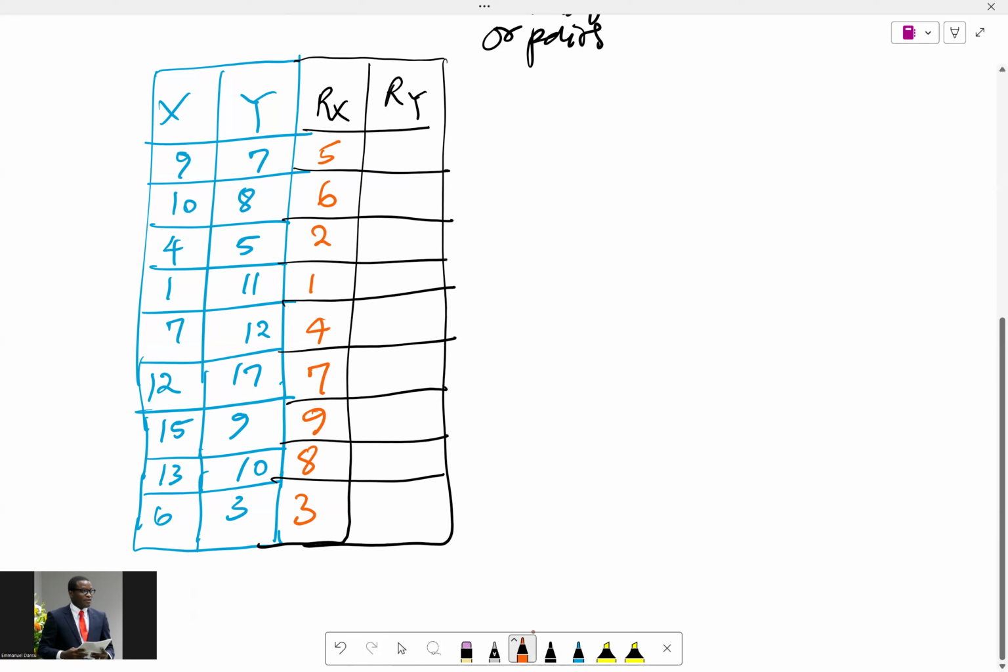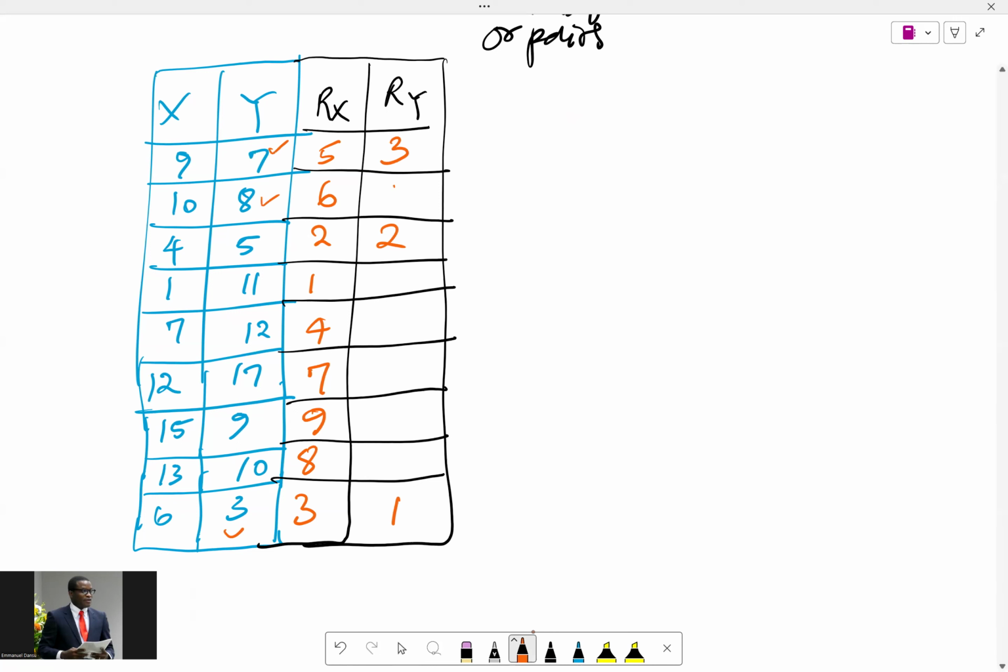Then we talk about the rank for Y. The smallest value for Y is actually 3, so this 3 is number 1 in rank. Then after 3, we have 5, so 5 is number 2 in rank for Y. Then 7 is number 3 in rank.